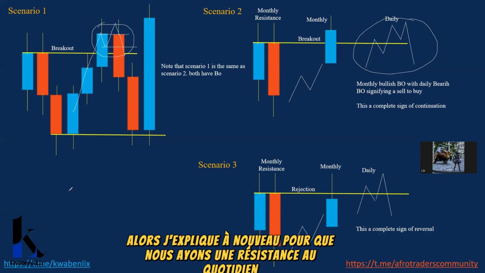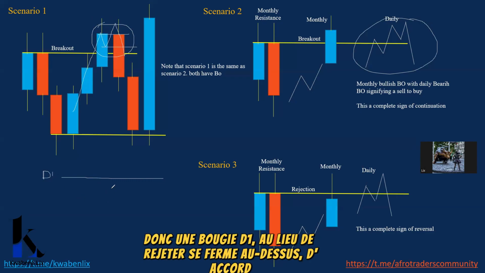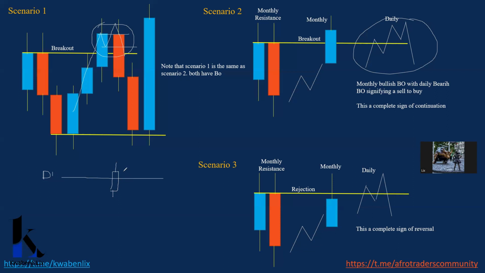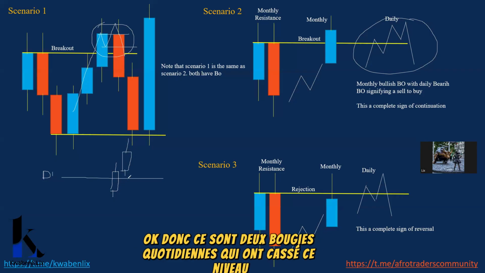I'll explain again. We have a resistance on the daily, D1. A D1 candle, instead of rejecting, closes above it, and then maybe continues going up. This time around I'll do 2 candles. These are 2 daily candles that have broken this level.